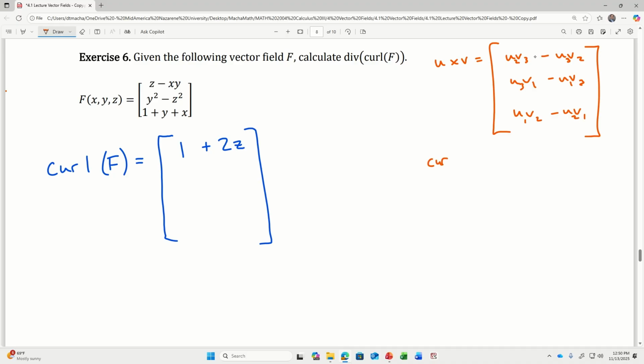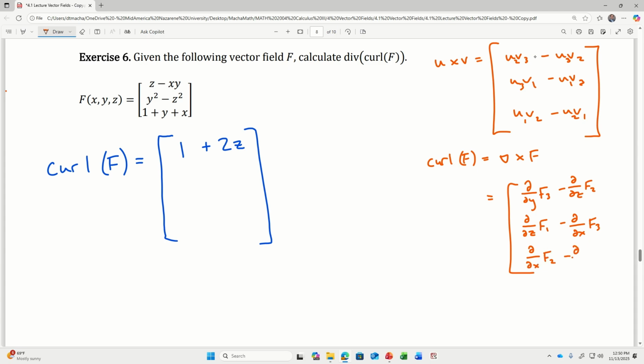And of course the curl is the cross product. So the curl is going to be the partial with respect to y of f3 minus the partial with respect to z of f2. Then it's going to be the partial with respect to z of f1 minus the partial with respect to x of f3. And then the partial with respect to x of f2 minus the partial with respect to y of f1. Okay.